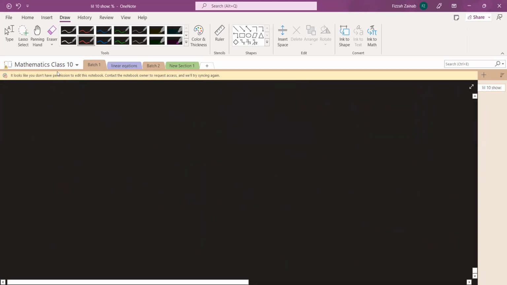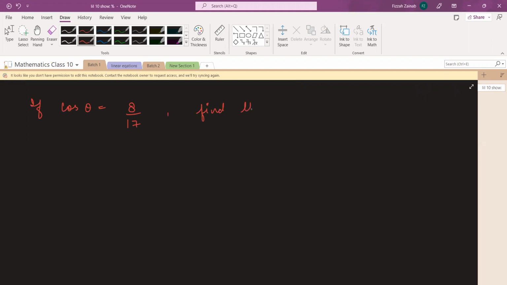Note down, if cos of theta is 8/17, right? Find the other 5 trigonometric ratios. Now do it. Same way you have to do it. Then I'll ask you.